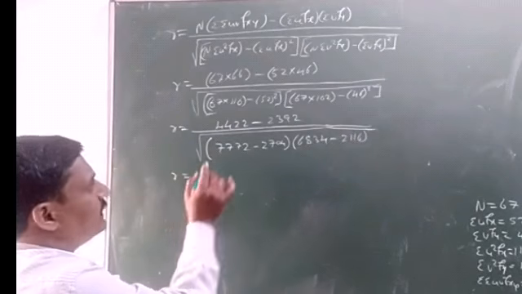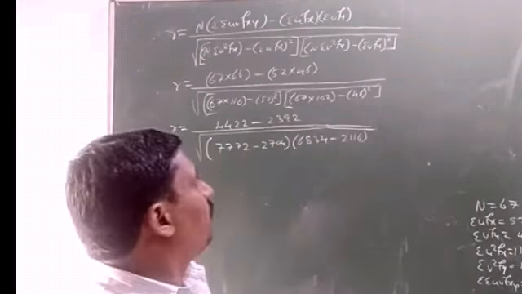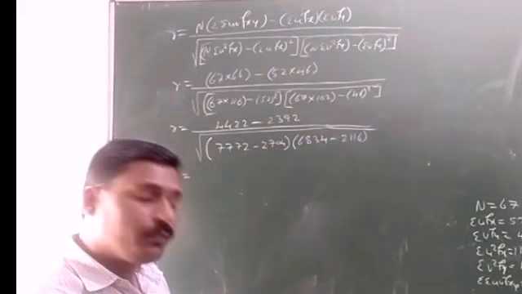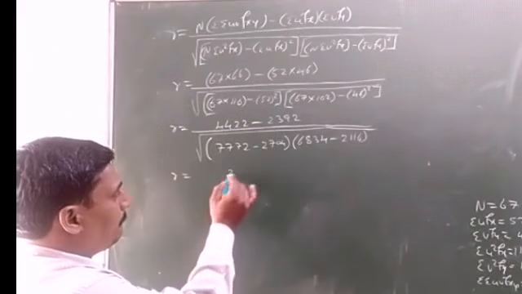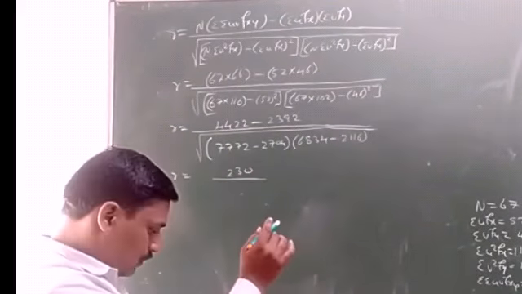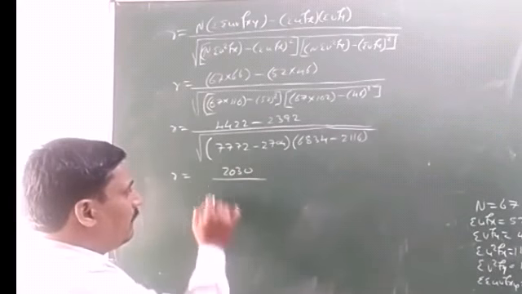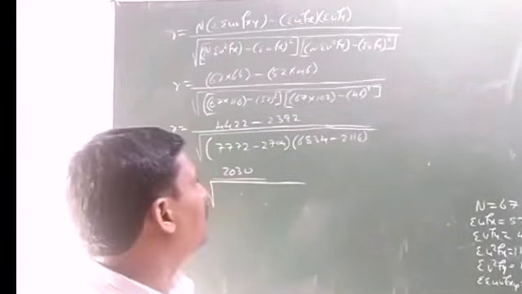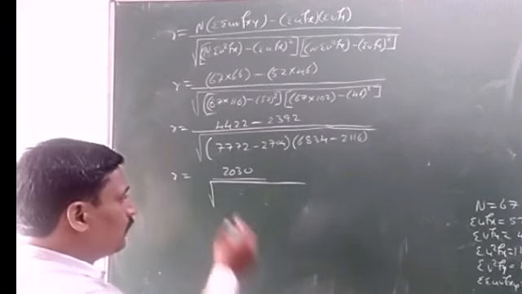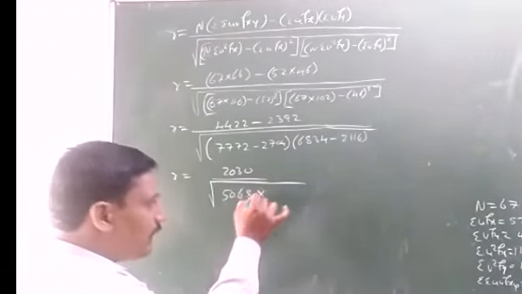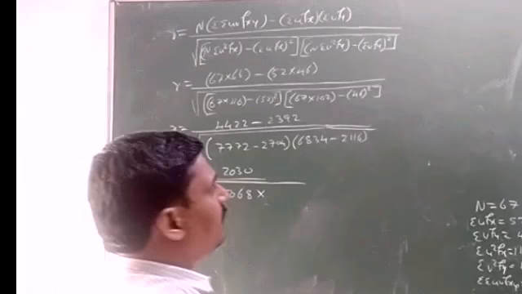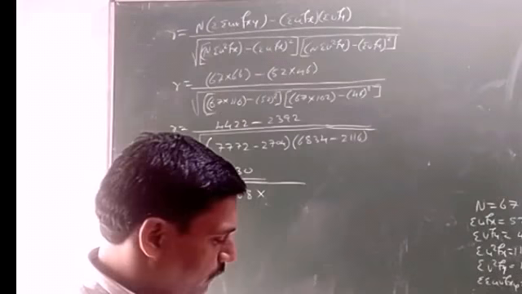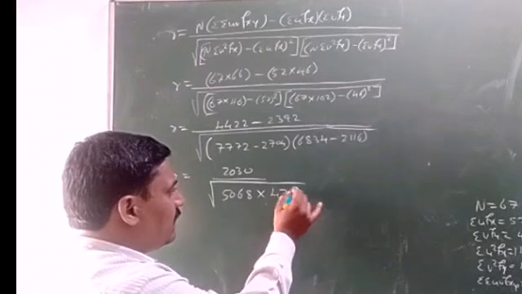Okay, now R is equal to 4422 minus 2392, 2030, divided by root of 7772 minus 2704, that is 5068, into 6834 minus 2116, that is 4718.